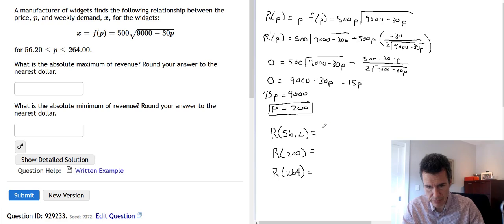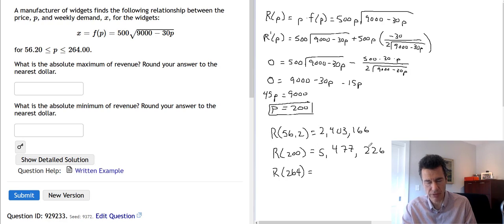So the revenue at 56.2 is 2,403,166. All right, let's do 200. So that's 500 times 200 times square root of 9,000 minus 30 times 200. We get revenue of 5,477,226.